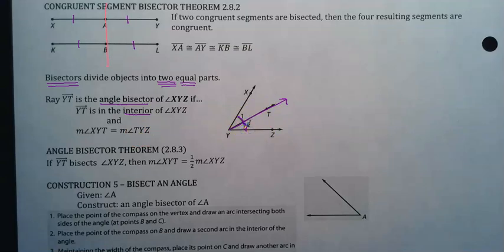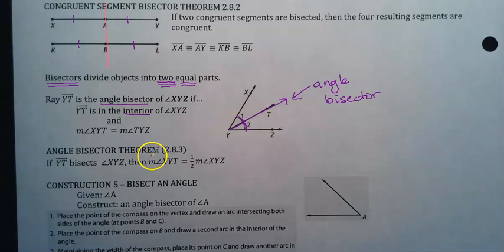If that's the case, we can say this is an angle bisector. We know it's an angle bisector because it's on the inside and because angle 1 is congruent to angle 2. Otherwise, it would just be a ray that's in there.